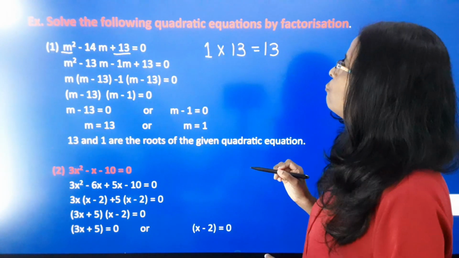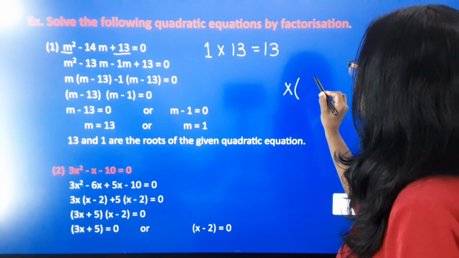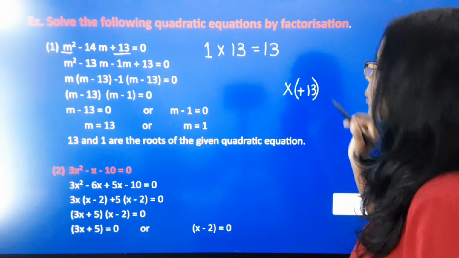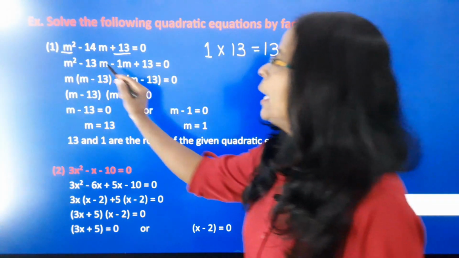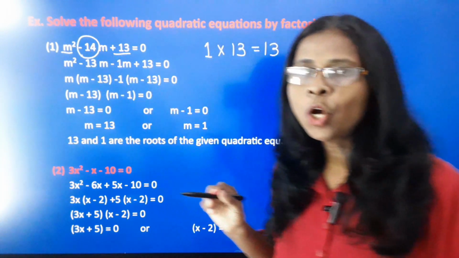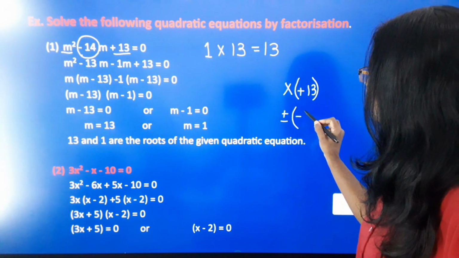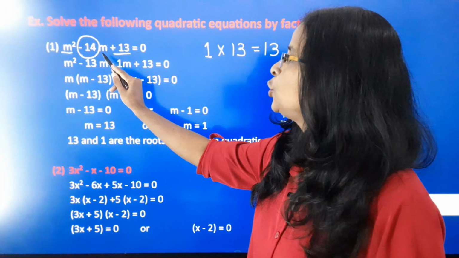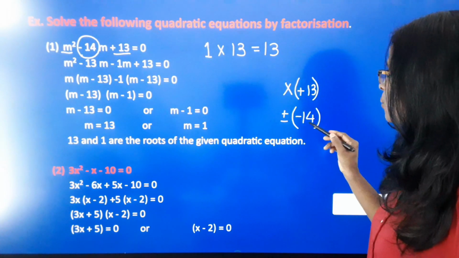So we want to search out two numbers having the product positive 13, and the addition or subtraction should be the coefficient of m, and that is minus 14.